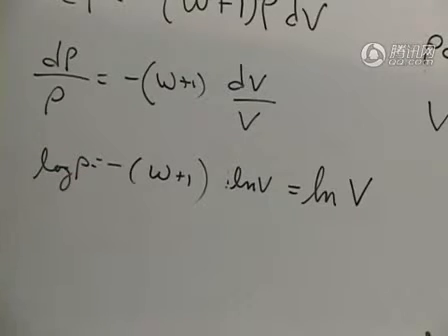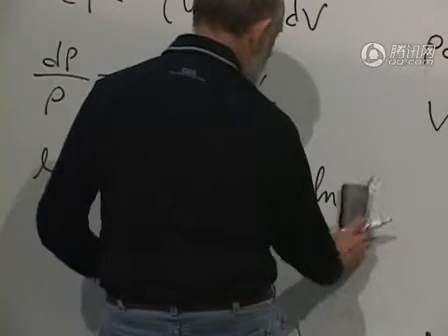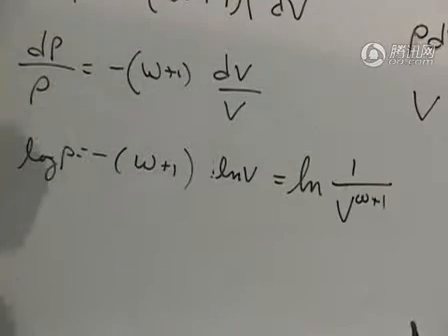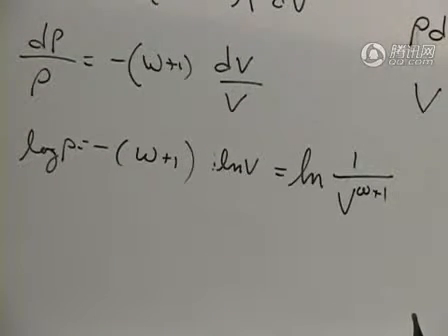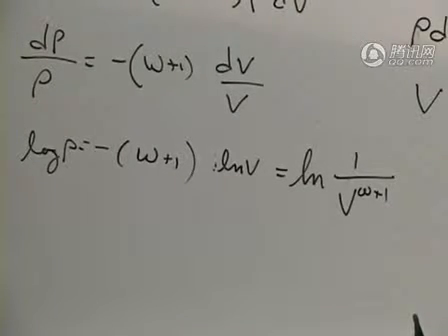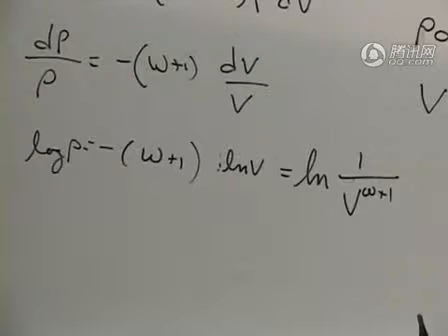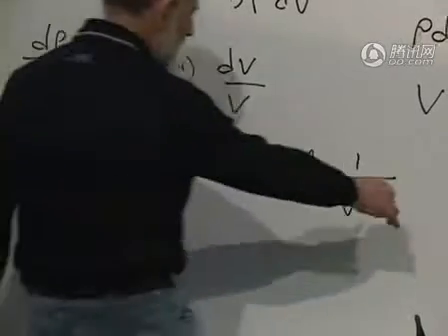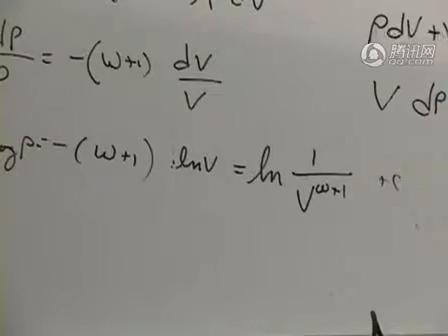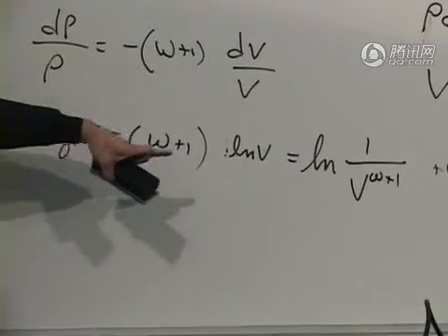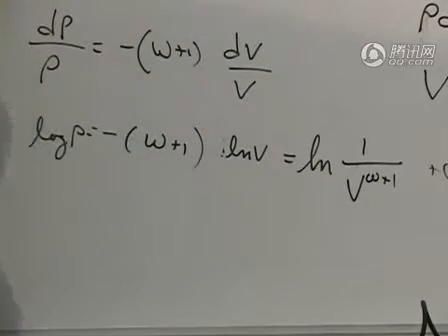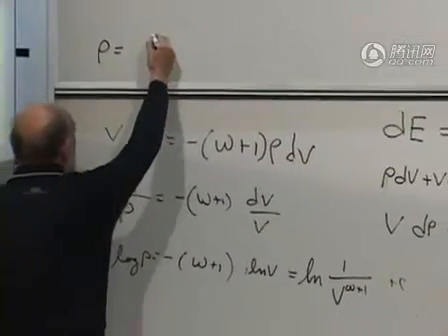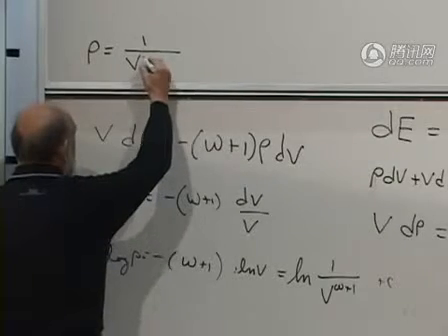In other words, 1 over V to the W plus 1. Yes, there's an additive constant. One can add a constant. Won't change anything. So what's the solution to this? Just cancel out the logarithms. Rho is equal to 1 divided by the volume to the W plus 1.